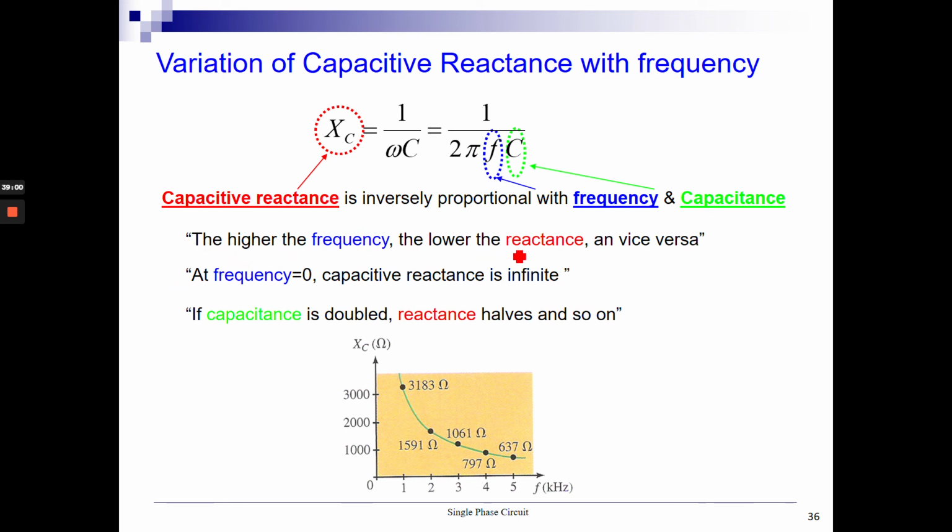So the higher the frequency, the lower the reactance. So that's why you will get this curve. At frequency 0, you can see here, the capacitive reactance is infinite because your curve is actually like this. So if capacitance is double, reactance is half because of this relationship.